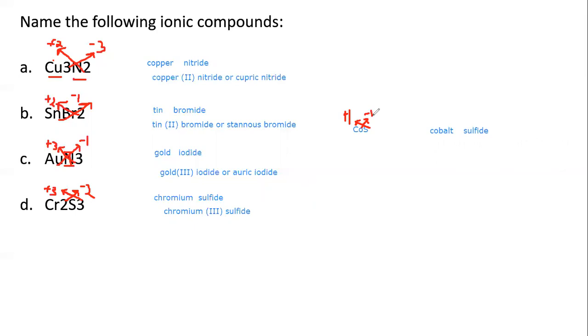But that can't be true because we just told you that sulfide is a -2. So if sulfide is a -2, cobalt has to be a +2. So this would be cobalt(II) sulfide. So this is one occurrence where the reverse crisscross doesn't work.